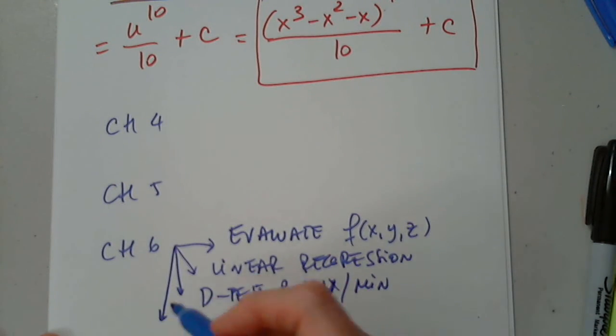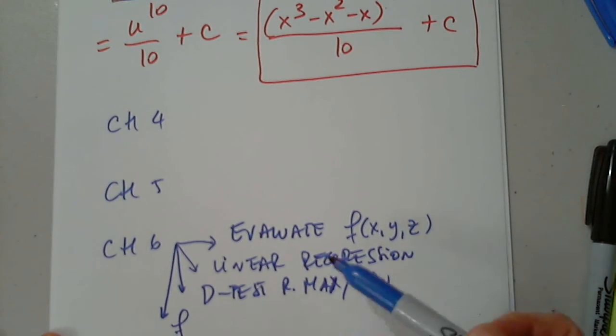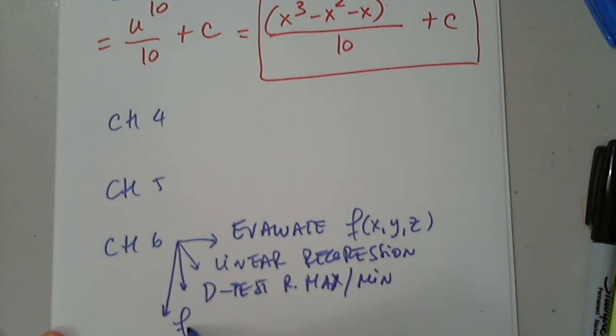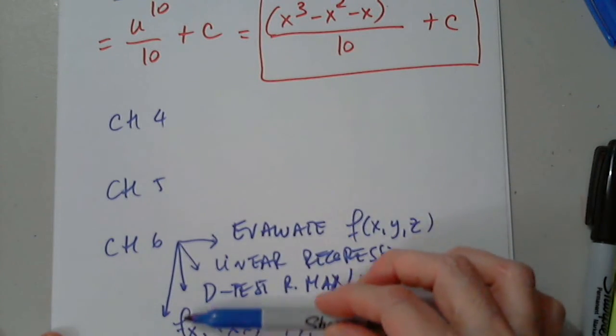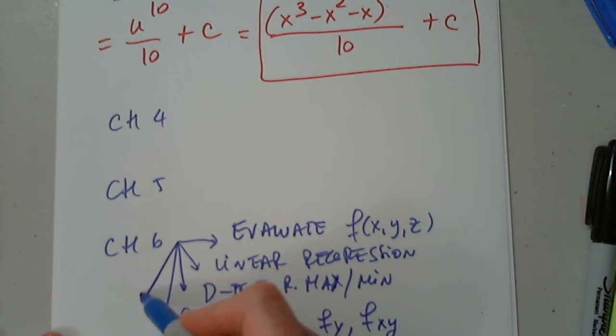And number 4, which is basically in the d-test, finding fx, fxx, fyy, of course fy, fxy. So that's basically it. And domain.